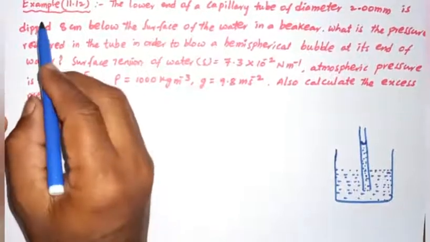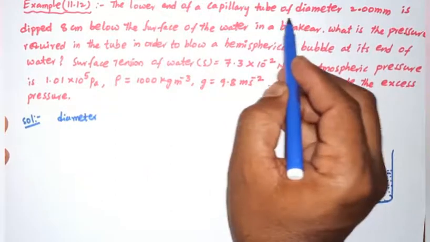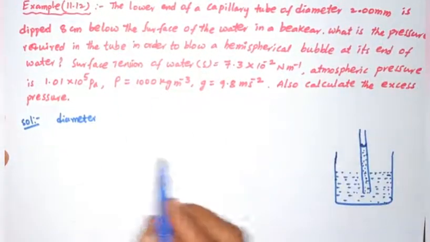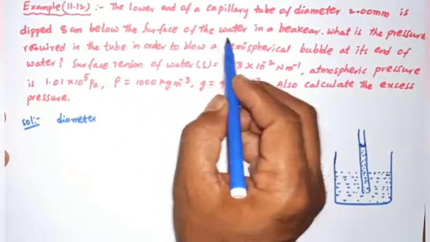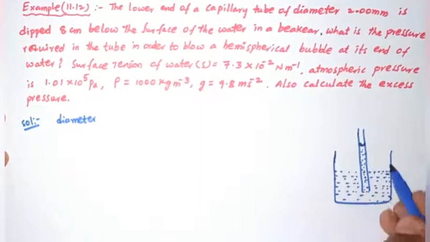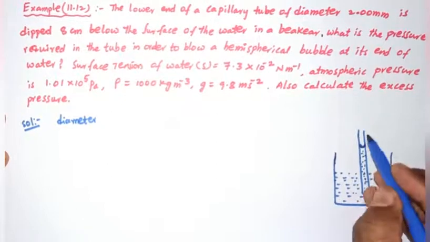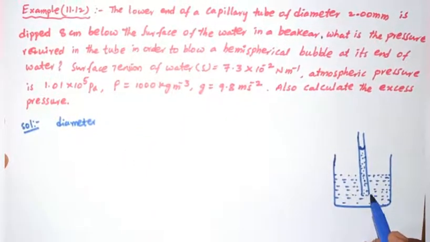So now we can discuss example number 11.12. The lower end of a capillary tube of diameter 2.00 millimeter is dipped 8 centimeter below the surface of the water in a beaker. So this is a beaker, and the capillary tube is dipped inside the water.